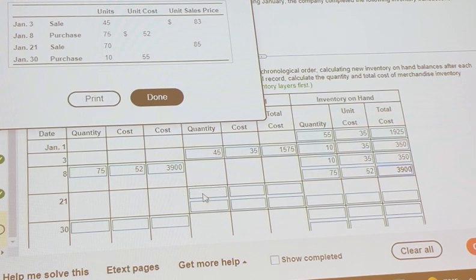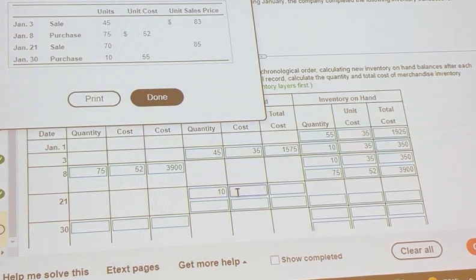Okay, then on the 21st we have a sale. We sold 70 units, and this is first in, first out. So if we sell the oldest units, we know we have to sell 10 of those that are the oldest. We have 10 of them that we paid $35 each for, total of $350.